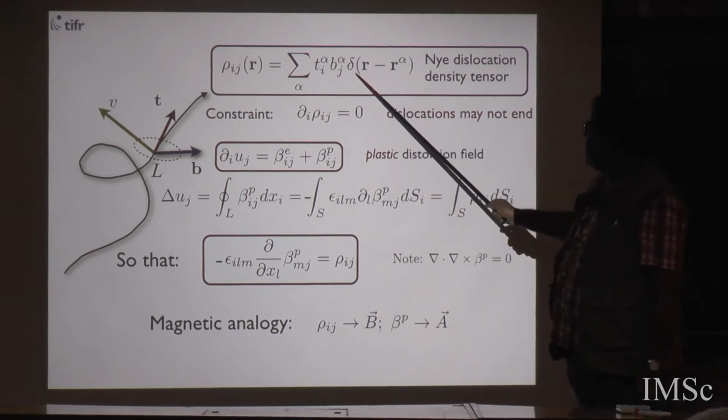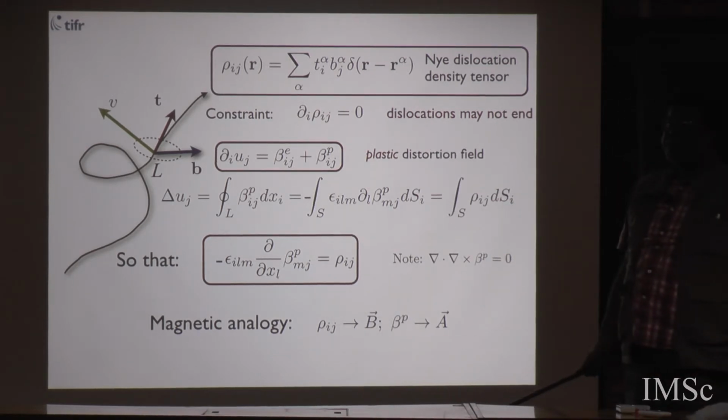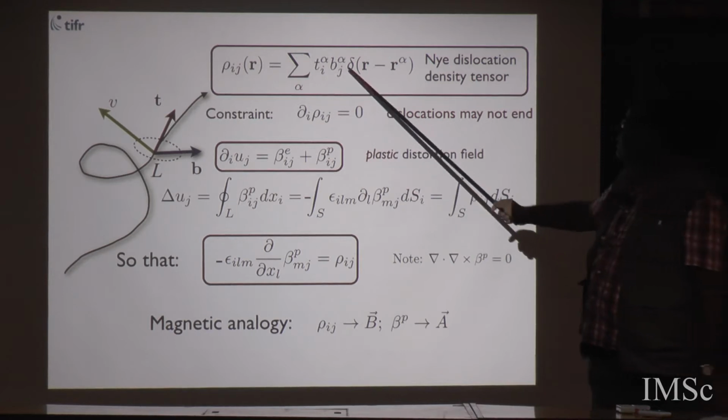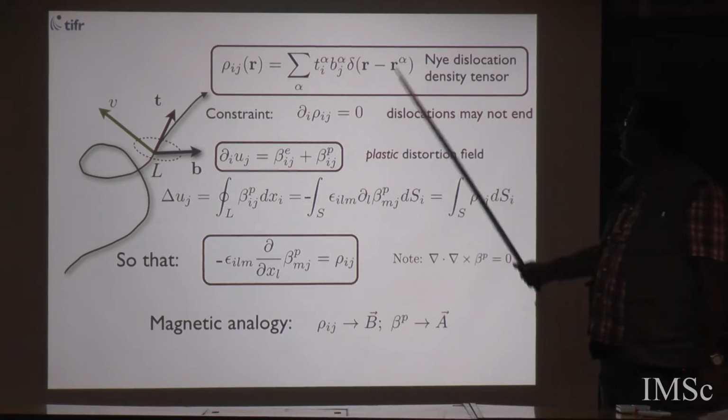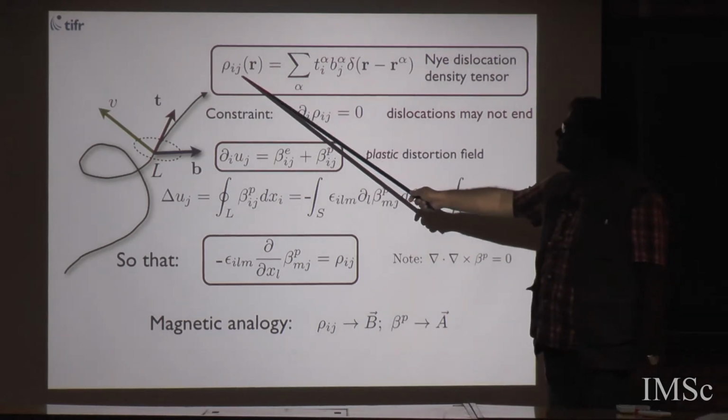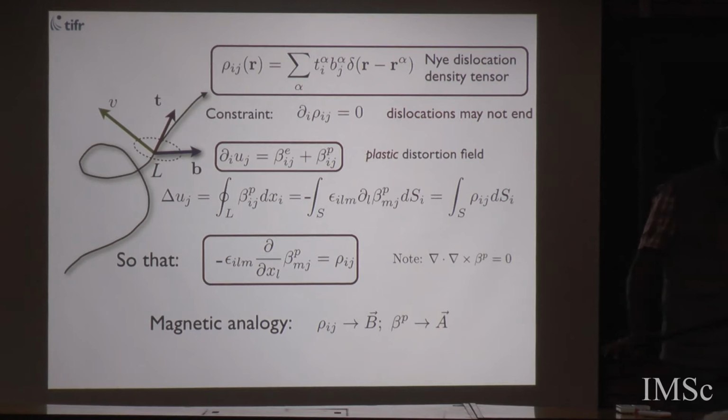So by counting the number of dislocations with tangent vector Ti and Burgers vector Bj at the alpha-th position, you can construct a coarse-grained dislocation density tensor. This is called the Nye dislocation density tensor. This, of course, has to satisfy a constraint such that its divergence has to be equal to 0.